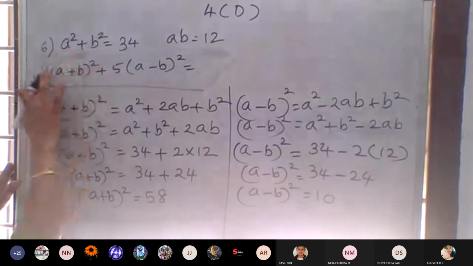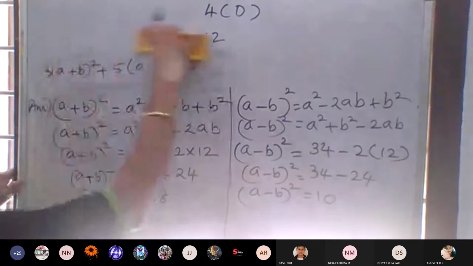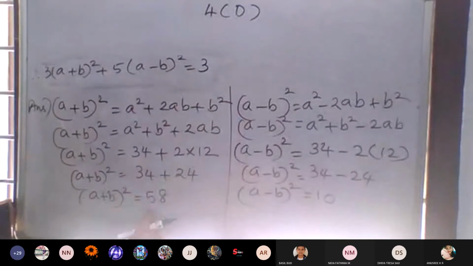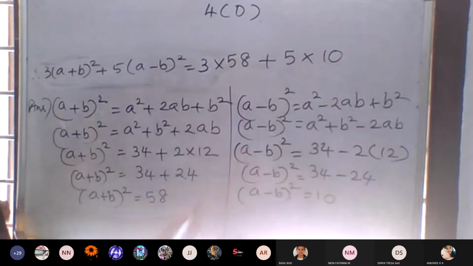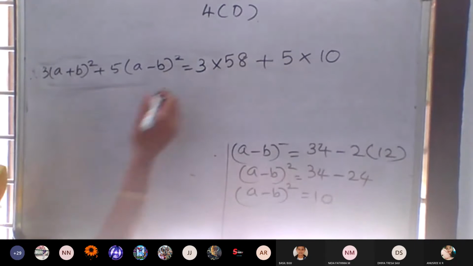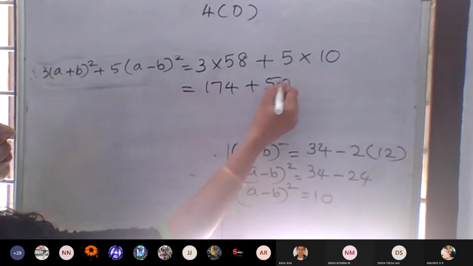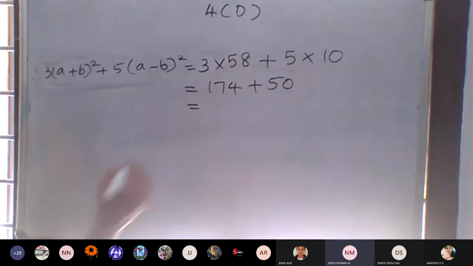3 into (a plus b) whole square plus 5 into (a minus b) whole square is equal to 3 into, what value we got? 3 into 58 plus 5 into 10. That is 174 plus 50, and the answer is 224.